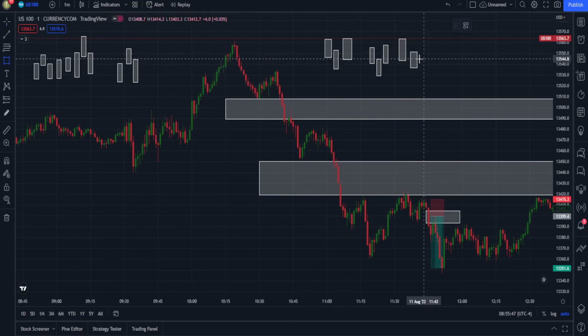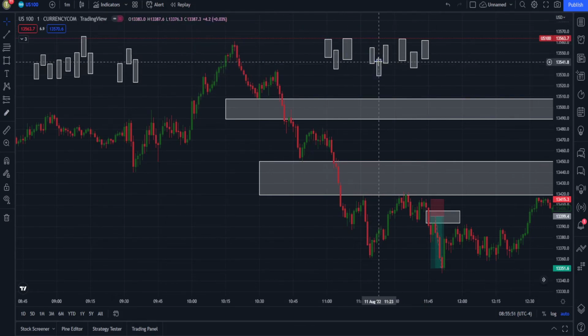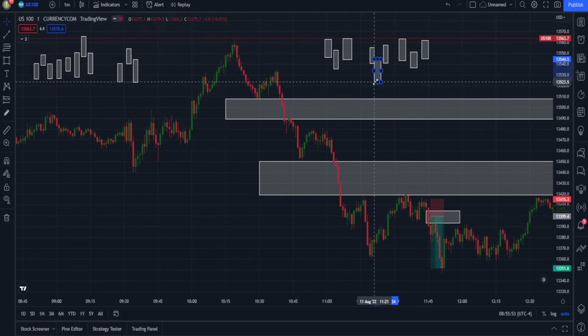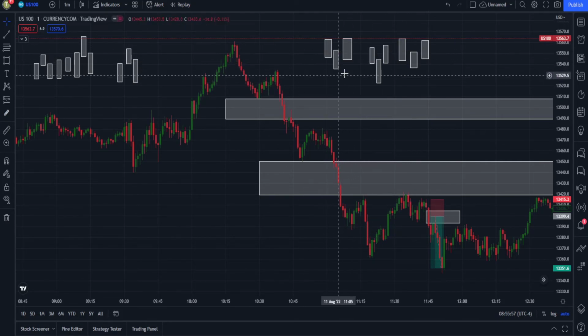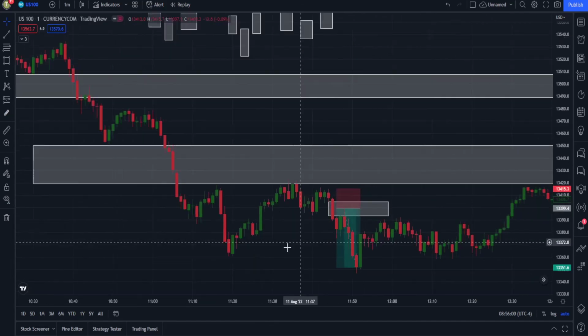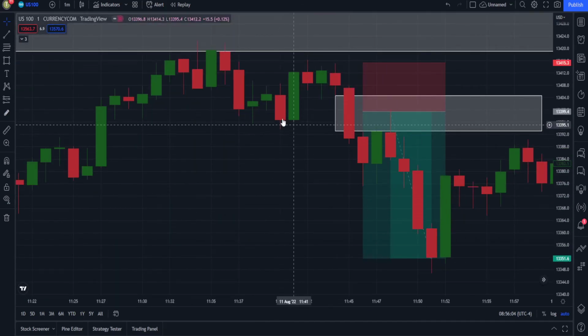Okay? So it's a 3 swing low pattern. The middle swing low, just like this, has to be higher than the swing low to the left and swing low to the right. And where do we see that? We see that right here, okay? It had a higher swing low to the left and a higher swing low to the right.